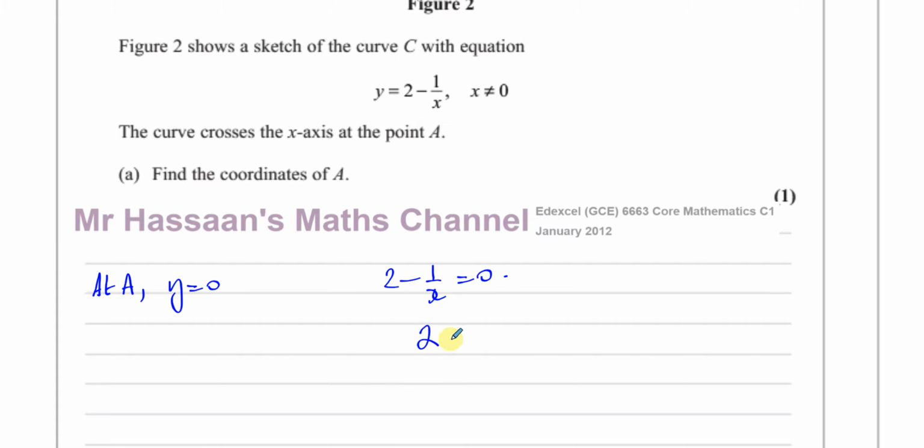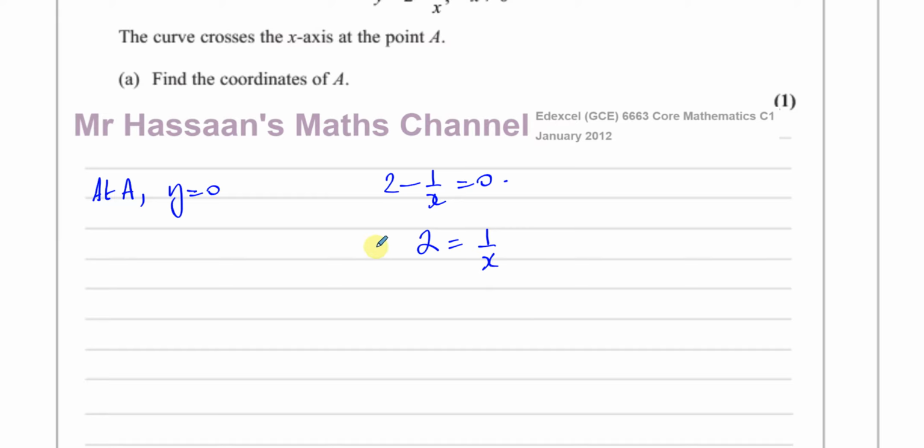So 2 is equal to 1 over x, and if we multiply both sides by x and divide both sides by 2 at the same time, we have x equals a half. So that's the x coordinate of A, and of course the y coordinate of A is 0. So A is the point (a half, 0). That's simple enough for part A.